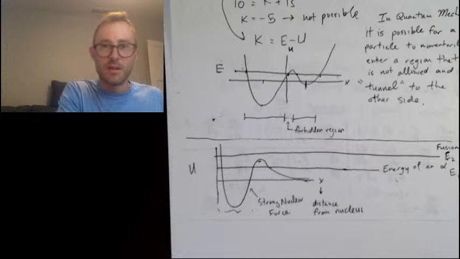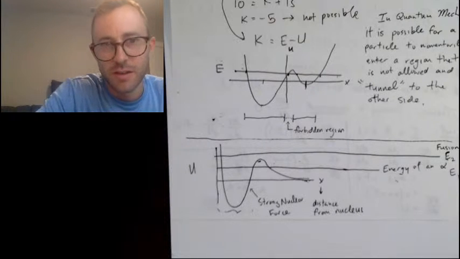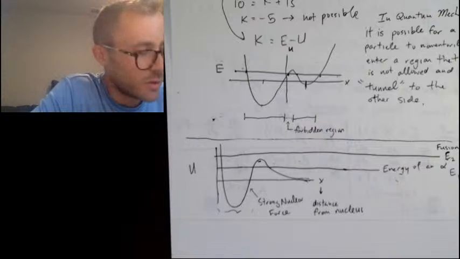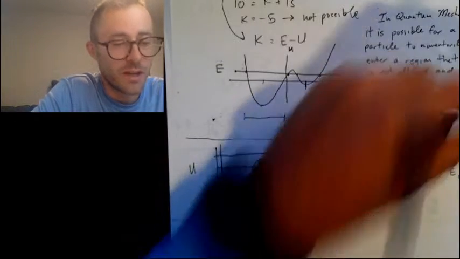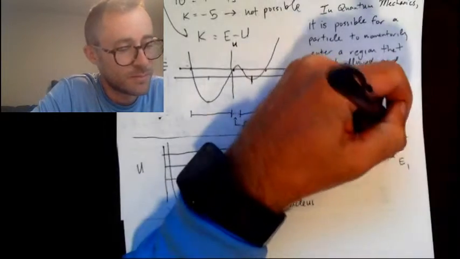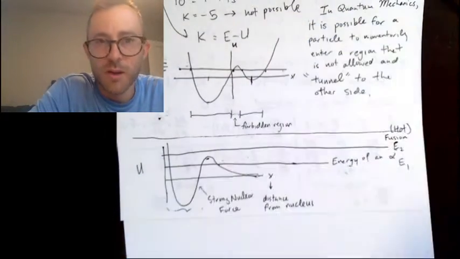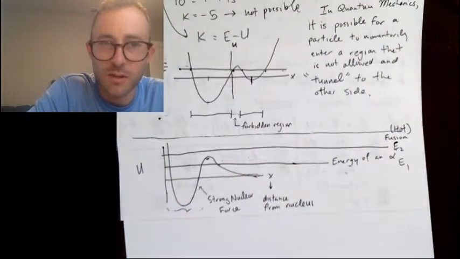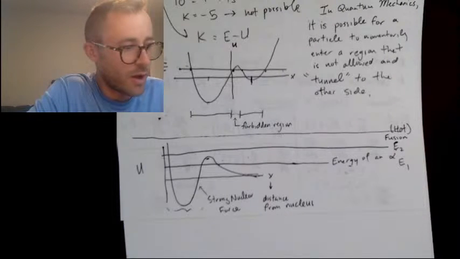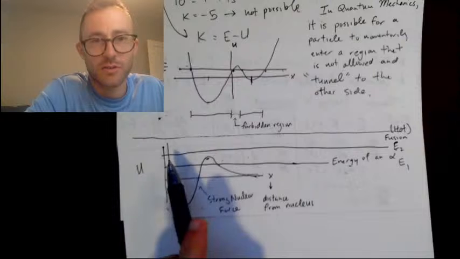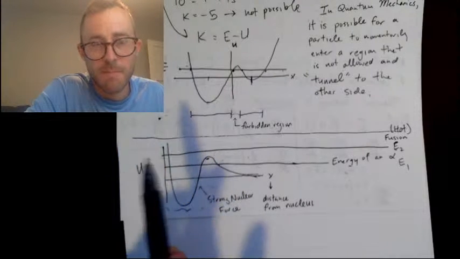So how do you give the alpha particle enough energy to get pulled in? Well, you make it hot. That's why fusion occurs in places like the center of the sun. The center of the sun is hot enough where the particles have enough energy to actually get in and fuse.